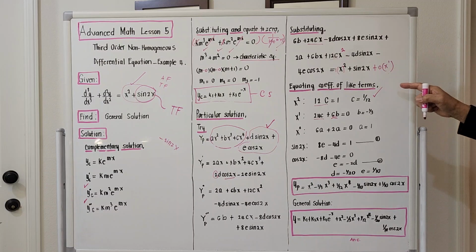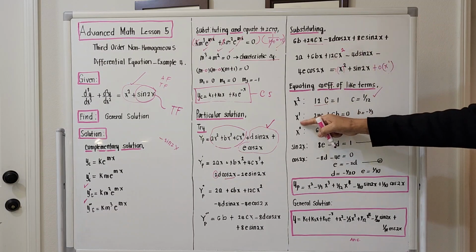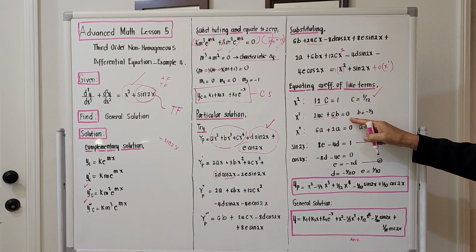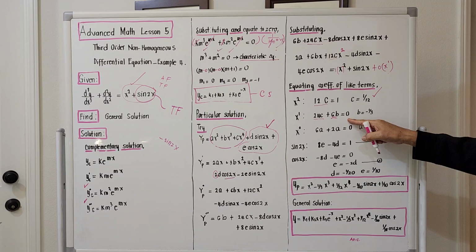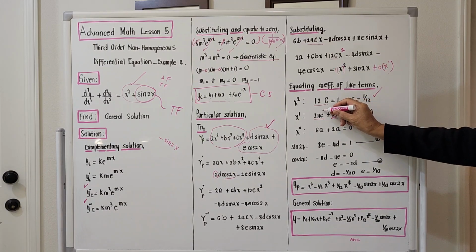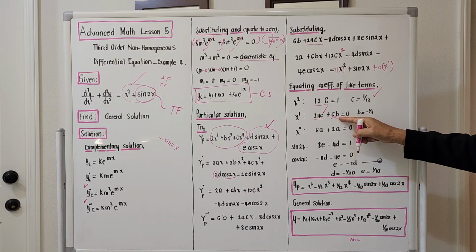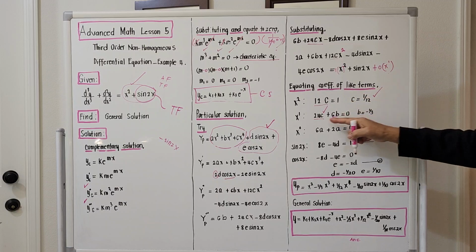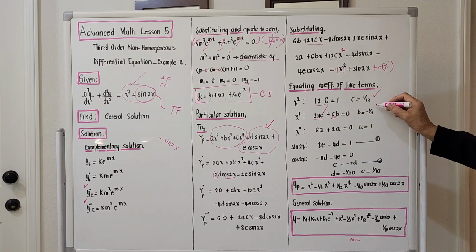So on the right hand side, the coefficient of x to the first is 0. So I place it here, 0. 24c plus 6b equals 0. And we know c now, right? So we could compute for b. If we get the value c to be 1/12, we place it here, b now will be negative 1/3.